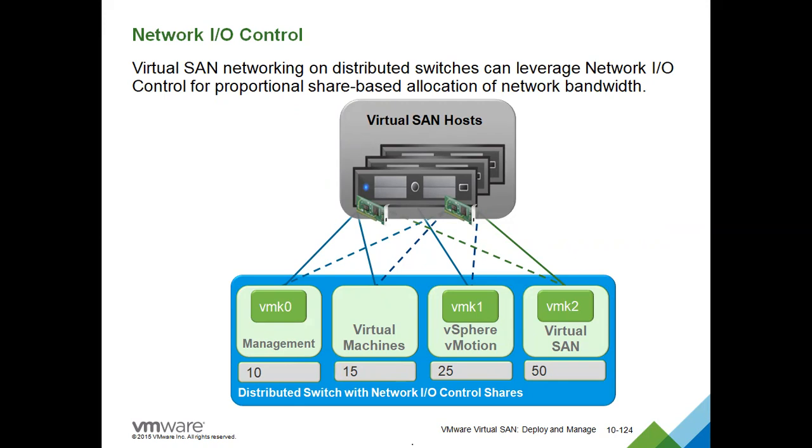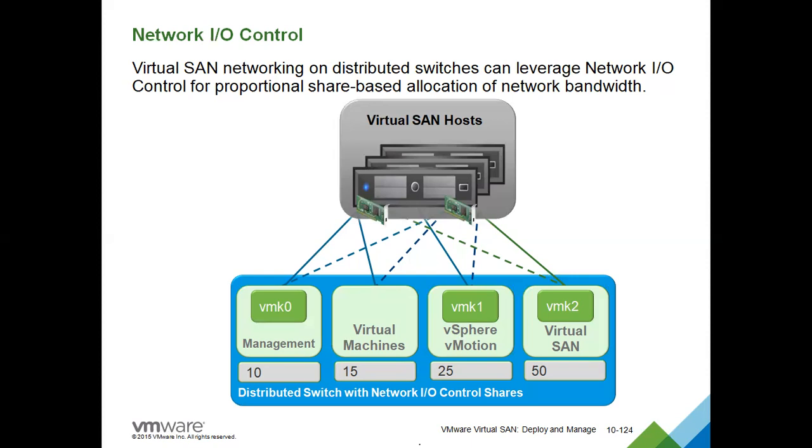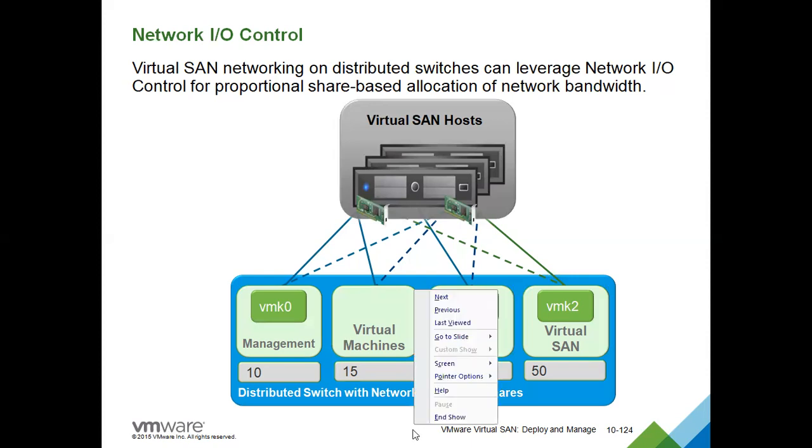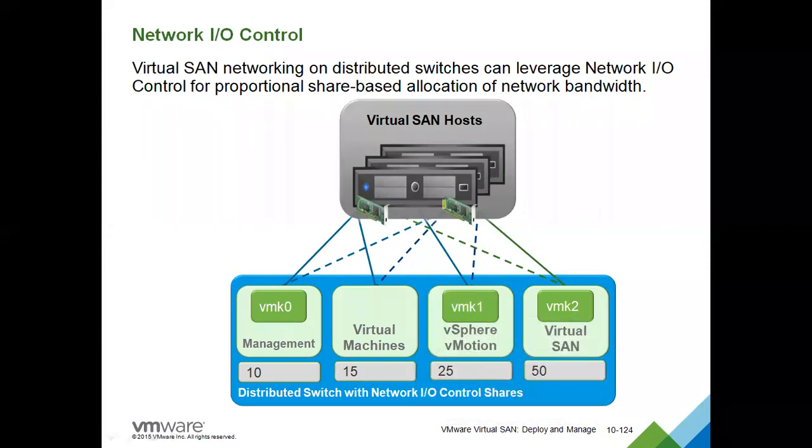Rupak, there could be two configurations. Within these two NICs, it all depends on the design. It could be active standby. For VSAN, one NIC is active and the other NIC is standby, and for the rest of the traffic, the other NIC is active and standby.